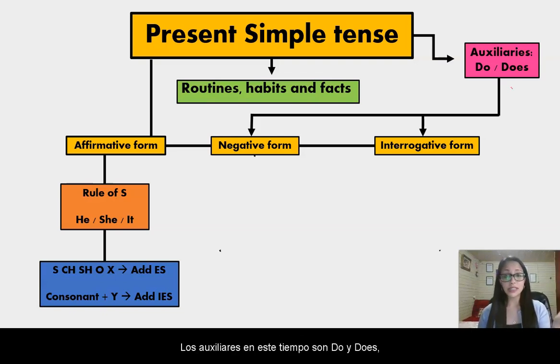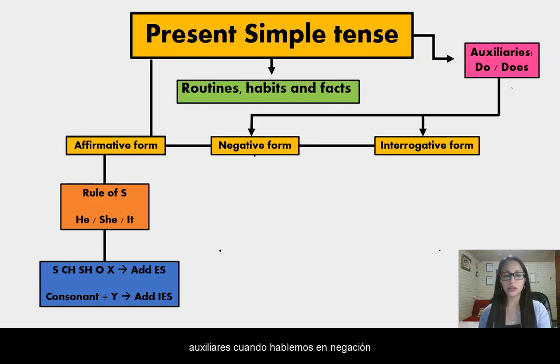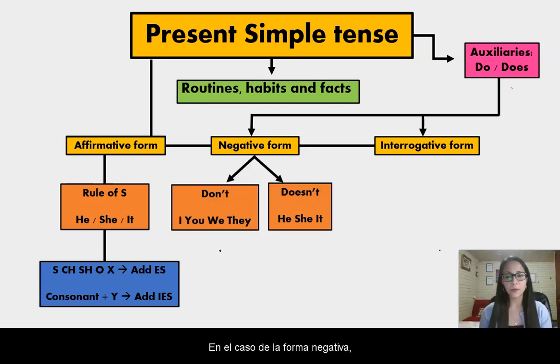The auxiliaries in this tense are do and does, and their use is going to depend on the subject that we talk about, and we will only use auxiliaries in negative or interrogative form. In the case of the negative form, we will use don't when we talk about I, you, we, and they, and we will use doesn't if we talk about he, she, or it.